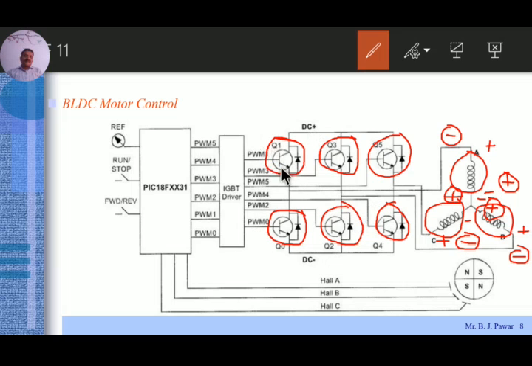To maintain that sequence or pattern properly, the PWM should get generated sequentially, right? It is shown as an IGBT driver circuitry. So you are well familiar why there is a need of this driver circuitry between the controller and the switches: to remove the overloading conditions of the controller.